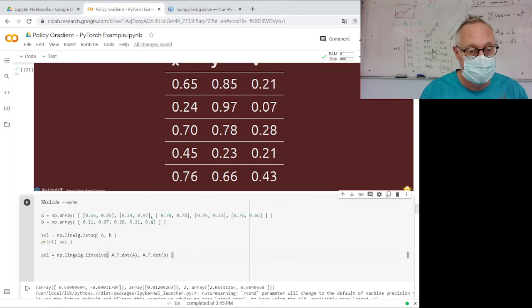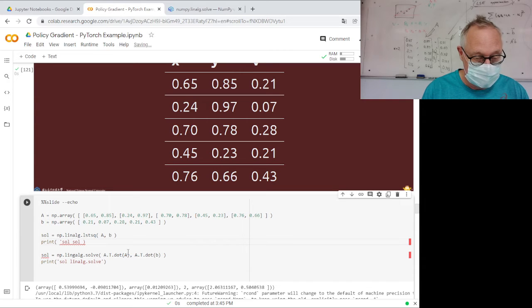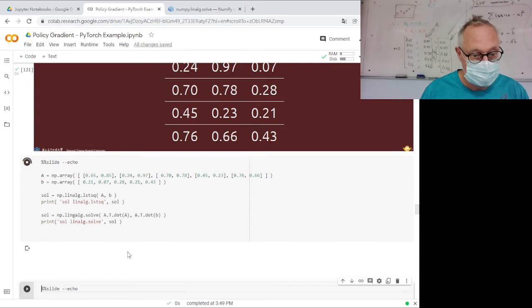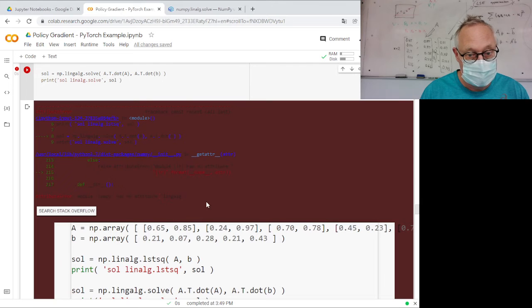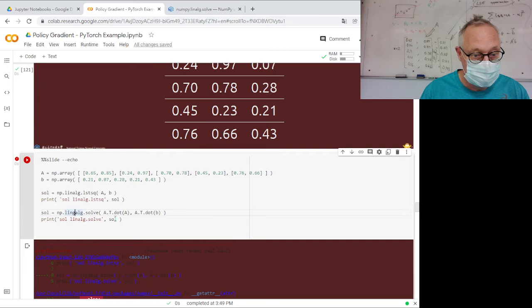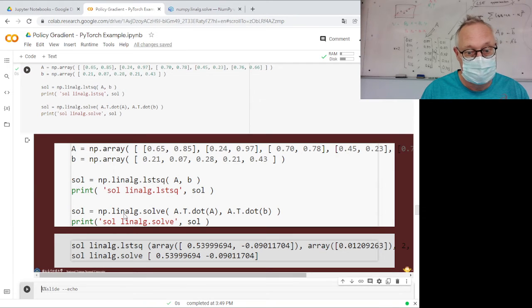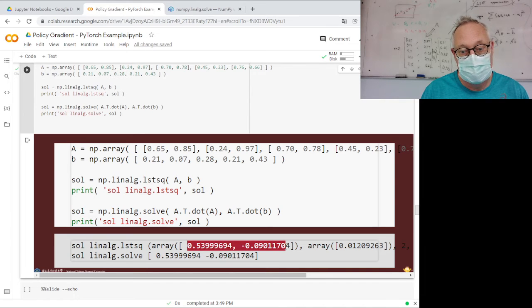Oh, it's just called solve. Okay. Here you get the two solutions and they're identical.